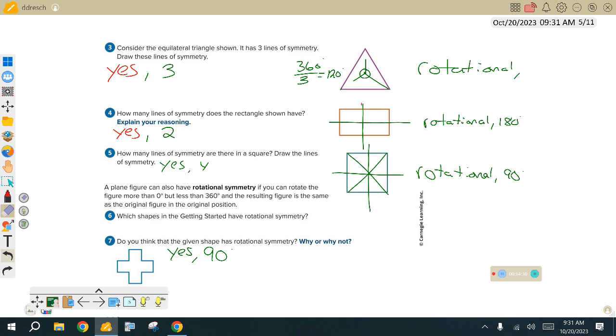So this specific triangle has rotational symmetry, yes, and it's going to be 120 degrees. That's the only way it's going to land onto itself. And it's all going to go back to that center point. Around that center point is 360. And how do I find that angle? It's going to be divisible by however many angles are right there.